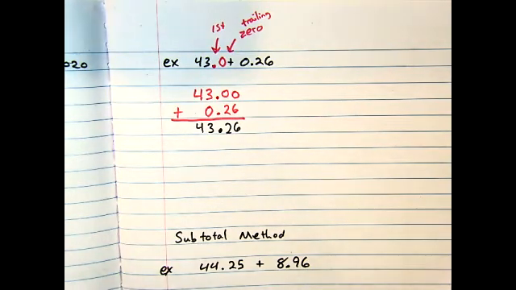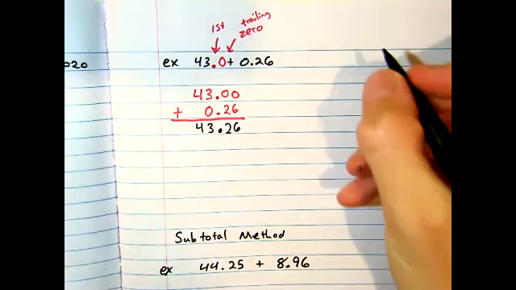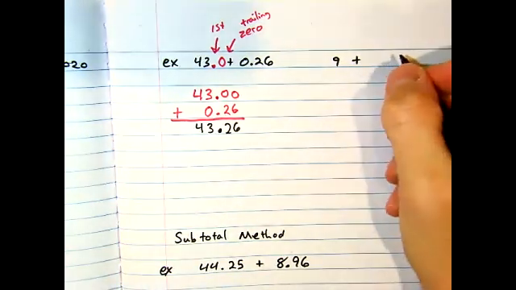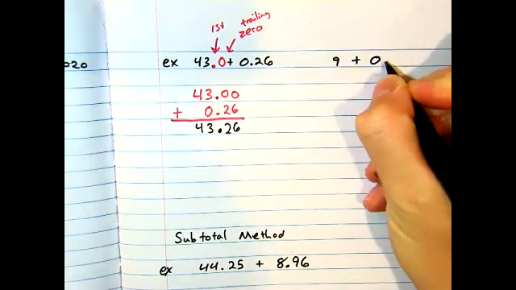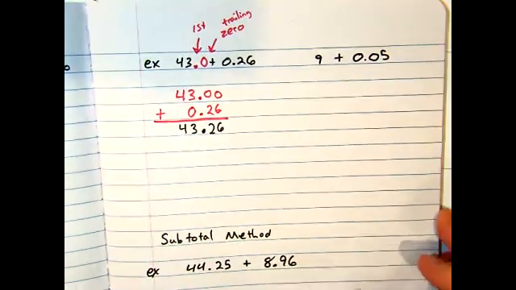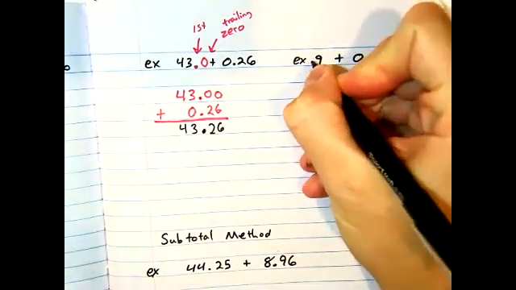Let's do another one that's slightly more difficult. And I'll pull it out of our text. Let's do 9 plus 5/100ths. So we've got another example problem.